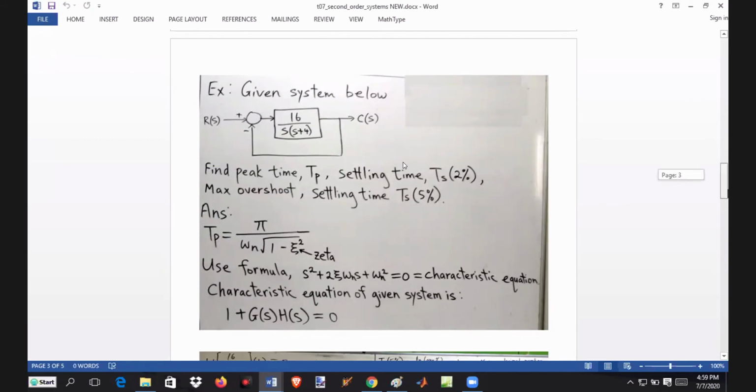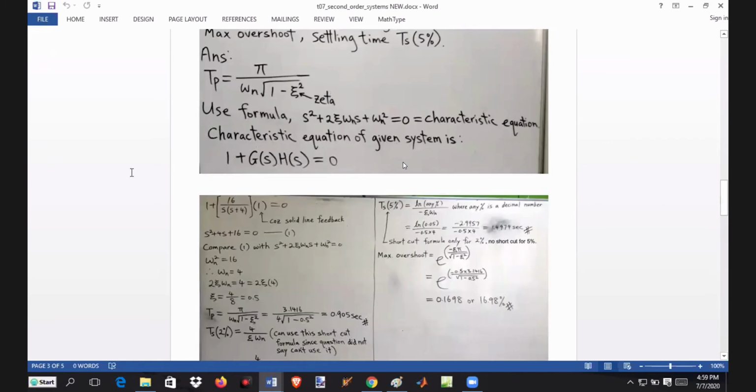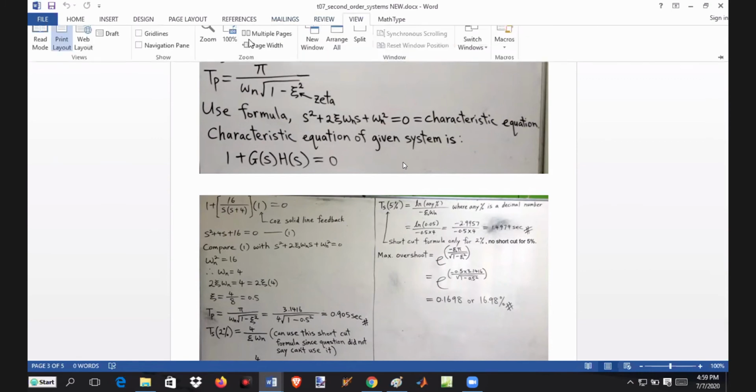You will still come to the same formula. As I said, an equation must have a 0 there. So you put in HS equals 1 for the solid line. This is the characteristic equation. Compare this characteristic equation with this one here. It's very small, so I enlarge it for you first, otherwise you cannot see.